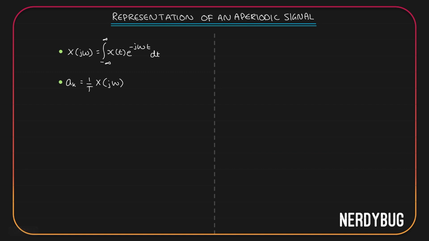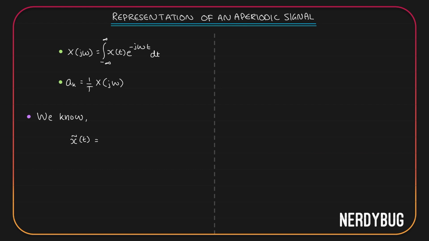So we got two equations. X(jω) is the integral from minus infinity to infinity of x(t) e^(-jωt) dt. And a_k is 1 by T times X(jω). Let us bring back our periodic signal x tilde of t. We know that x tilde of t is periodic, so we can write it as a Fourier series.